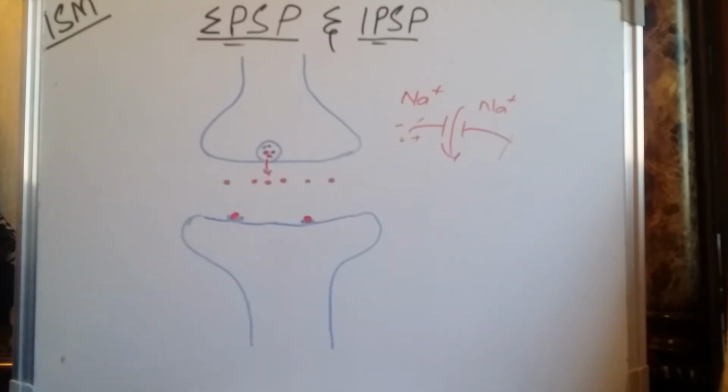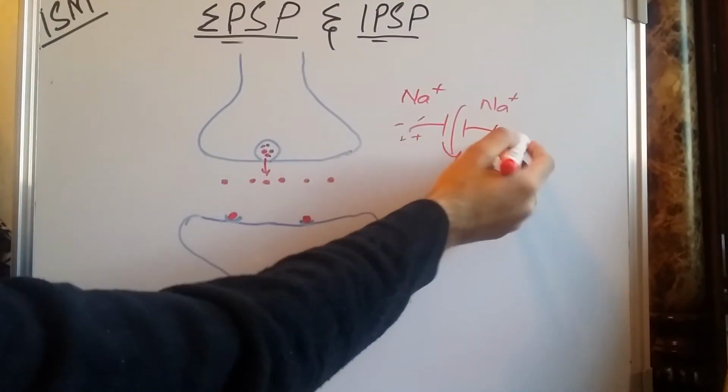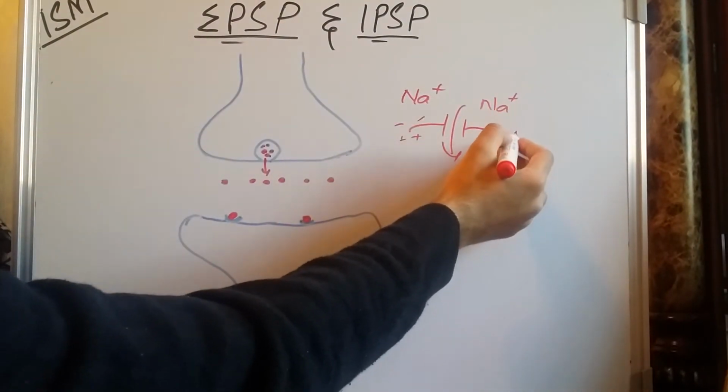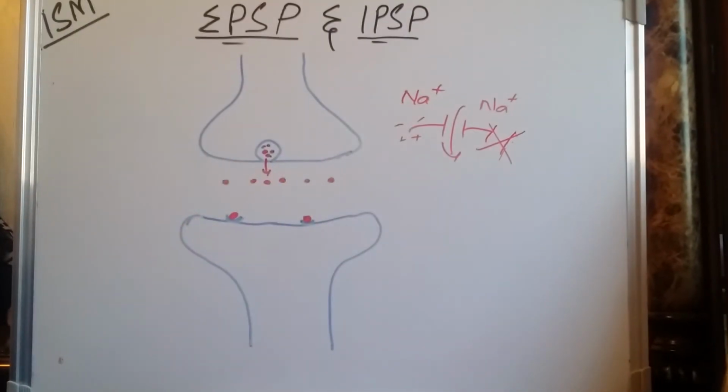If the sodium channels are fewer, less sodium comes inside and the action potential will not be very efficient.